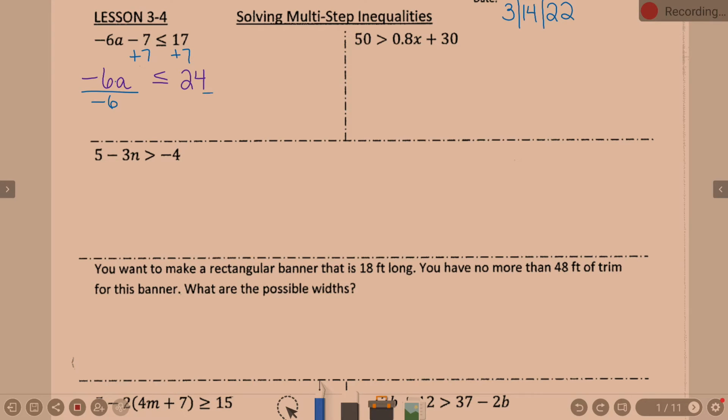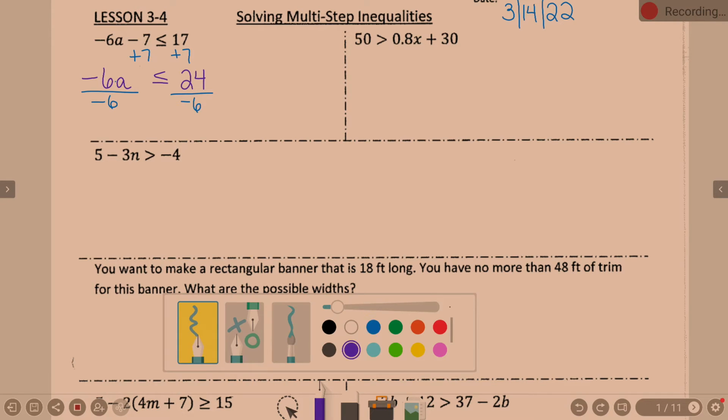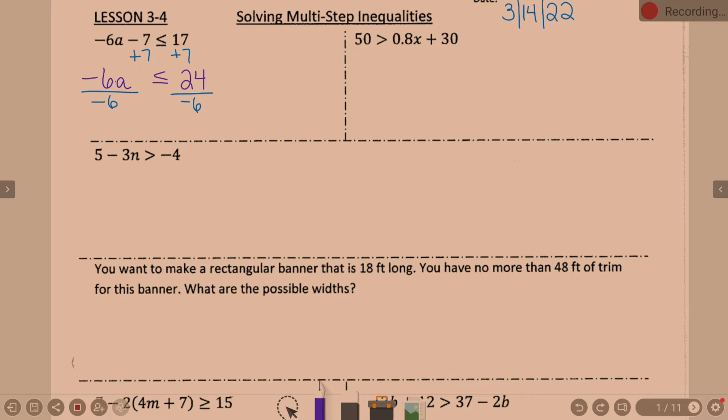If I divide one side by negative 6, we divide the other side by negative 6. And then a equals. So negative 6a divided by negative 6, those cancel. We're at a. Positive 24 divided by negative 6 is negative 4.